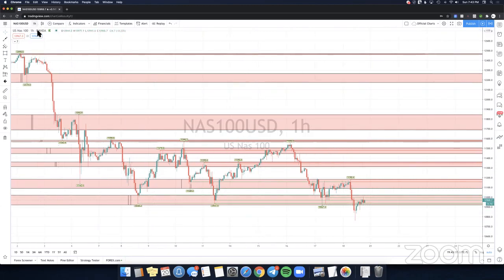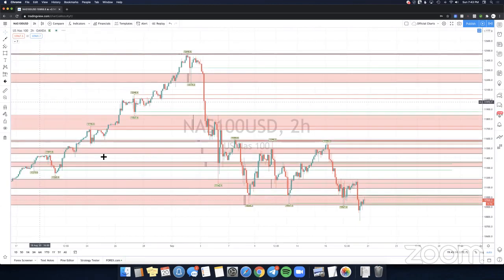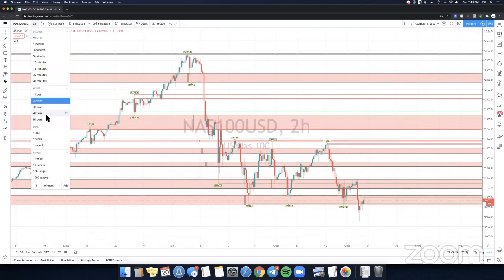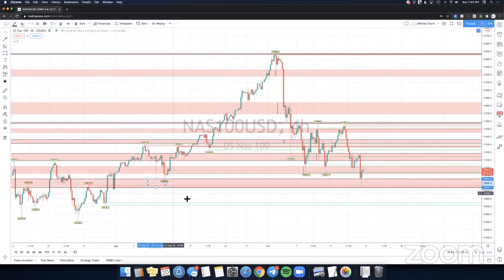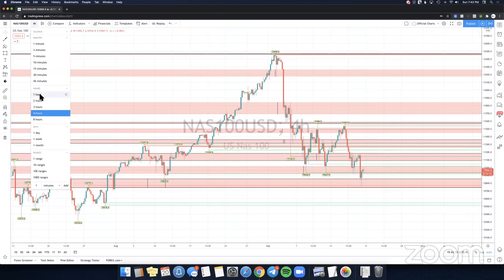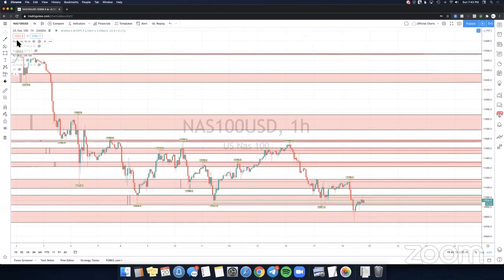zone over here. So let's go on the higher time frame. Let's go on the 2 hour. I just need to get a lower zone so that I know where to watch out for any rejection points. So go back on the 1 hour, high B SRs. And there we go. It looks pretty nice.